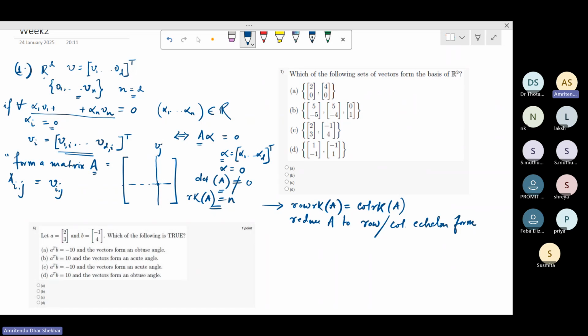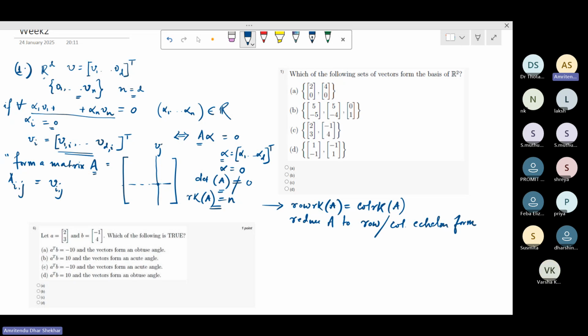If there are no zero rows or zero columns, depending on whether you did a row echelon or a column echelon form, if there are no such zero rows or zero columns, then the matrix is full rank, which is equivalent to saying that the determinant of the matrix is non-zero, which is equivalent to saying then that the collection of vectors that is given to you is indeed a basis.